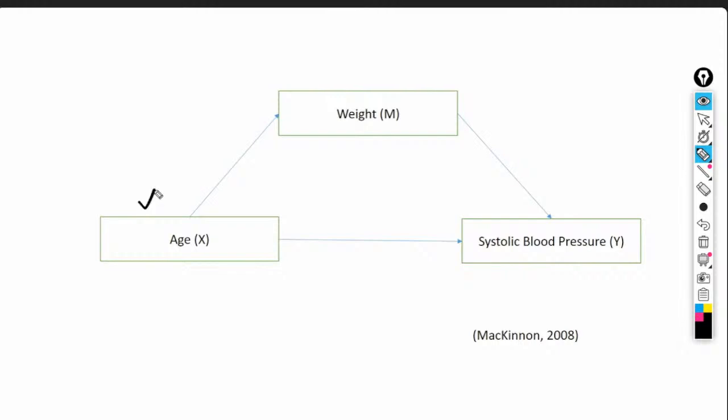As age increases, systolic blood pressure increases, so there is a positive correlation between the two. As age increases, weight also increases, and when weight increases, the blood pressure also increases. So when we reduce the weight, then the BP may be lower, or we can control the blood pressure.